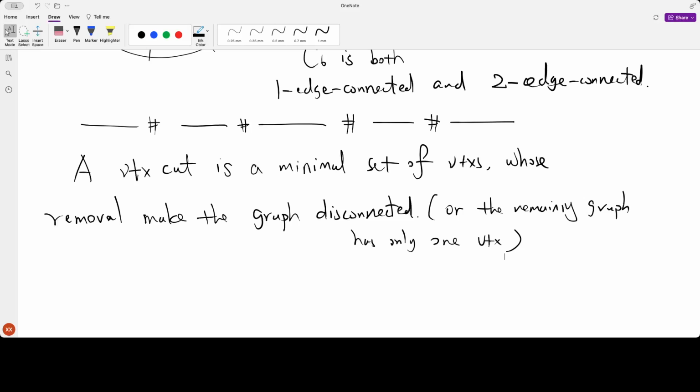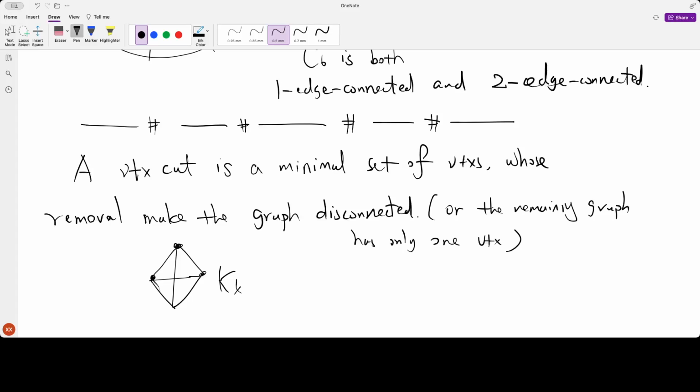So for example, you have a complete graph with 4 vertices. If you start with K4, so here is my K4, no matter how many vertices you keep deleting, you delete one vertex, then another vertex, and another vertex, the graph is never disconnected.